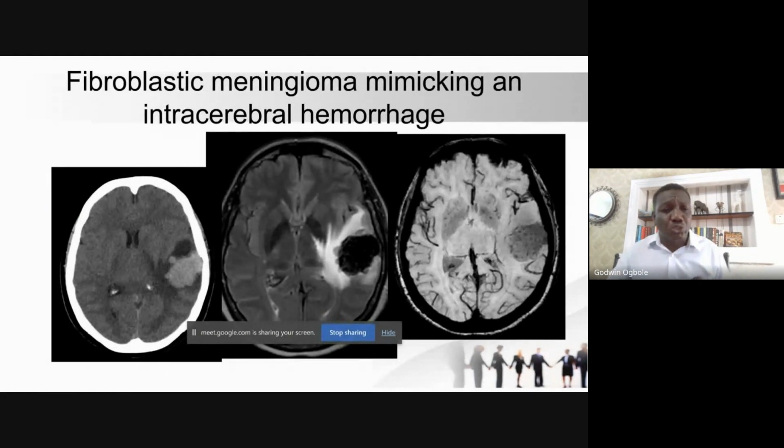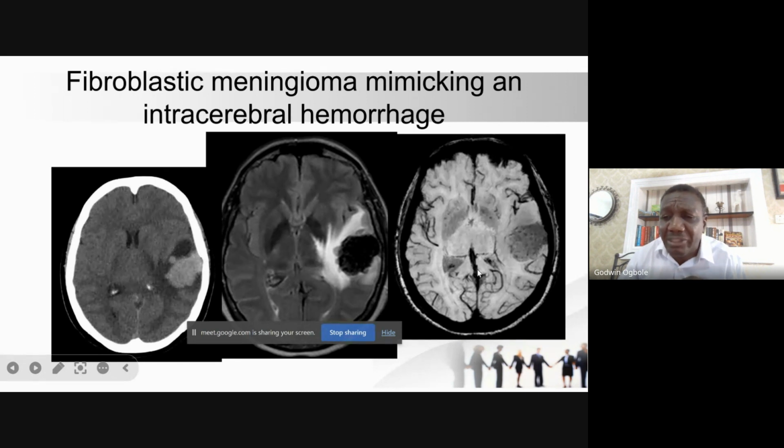And this is just a case to demonstrate to you, a unique meningioma that looked like an intracerebral hemorrhage on CT. But with susceptibility-weighted imaging, if you look closely at the image on the right, you could see that the FLAIR image, of course, demonstrates the area of blooming and perilesional edema and things like that.